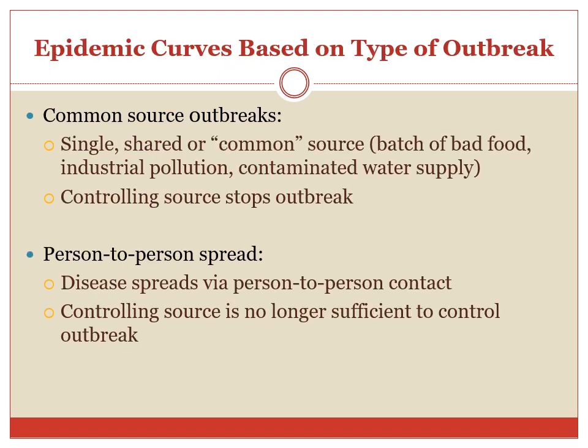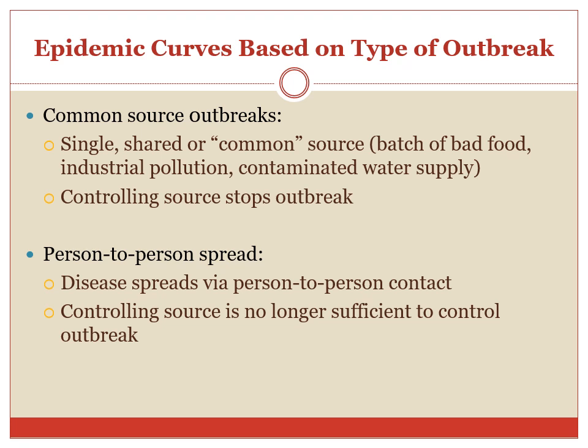A common source outbreak means that there is a single shared or common source or reservoir that contains the organism, such as a batch of bad food. People go on a picnic and they have a bad jar of mayonnaise with them, and that serves as the common source of the outbreak. Or a contaminated water supply. Once you control the source, you stop the outbreak.